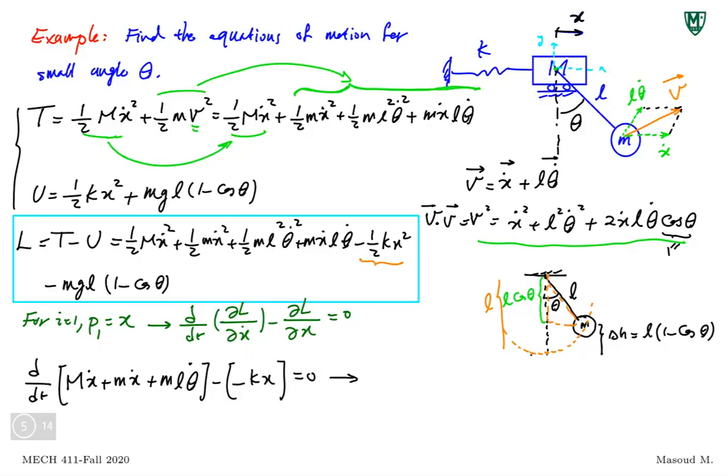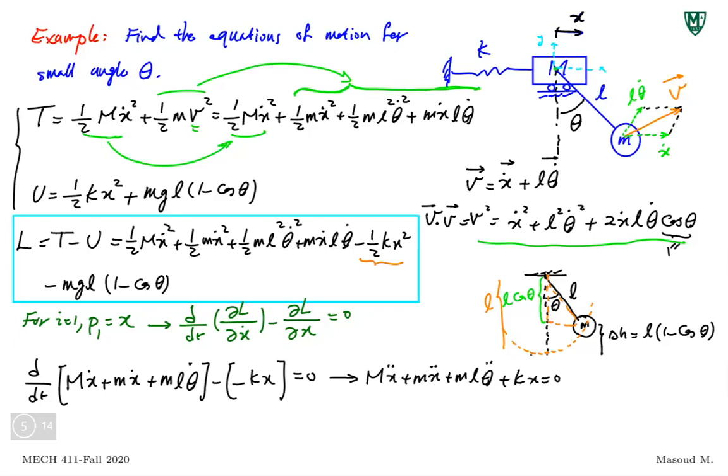So this equation, now we can take the derivative with respect to time easily. That will be m x double dot plus m x double dot plus m l theta double dot plus kx is equal to 0.